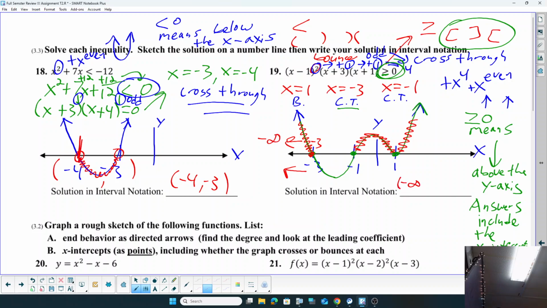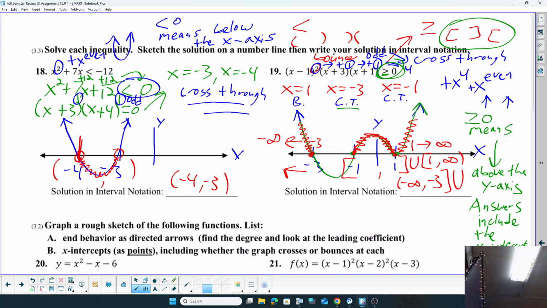So the answer is -infinity to -3 bracket, in union with, and then we're also bracket -1 to 1, in union with 1 to infinity, because we're also going from 1 to infinity as well. But since it's equal to, we can combine those and don't have to do the union.